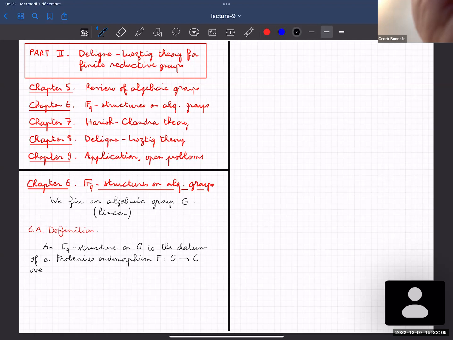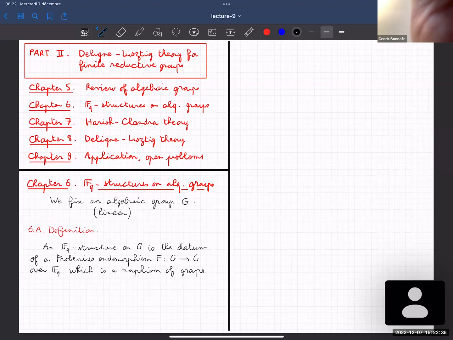So this is, for the moment, just the definition of an F_q-structure on a variety. But since we are working with a group, we also require that F is a morphism of algebraic groups, which is a morphism of groups.